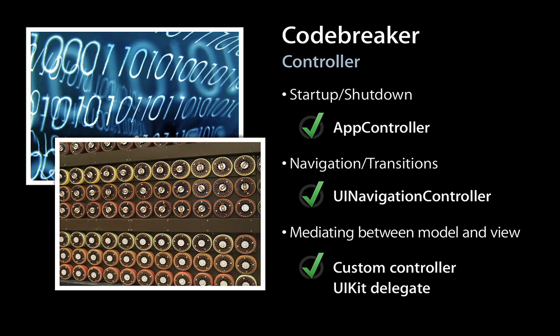I'll talk about that a little bit more later in terms of starting up and shutting down your app. For navigation and transitions, use navigation controller. And for mediating between a model and view, really try to figure out how you can hook your custom controller behavior in at the right place, calling the right delegate methods to mediate between models and views. And again, later, I'll talk about that a little bit more.